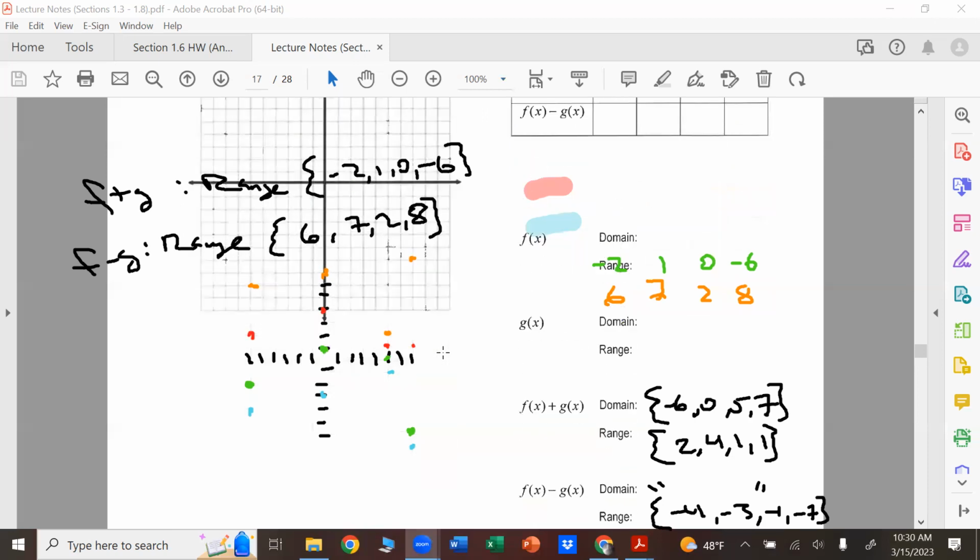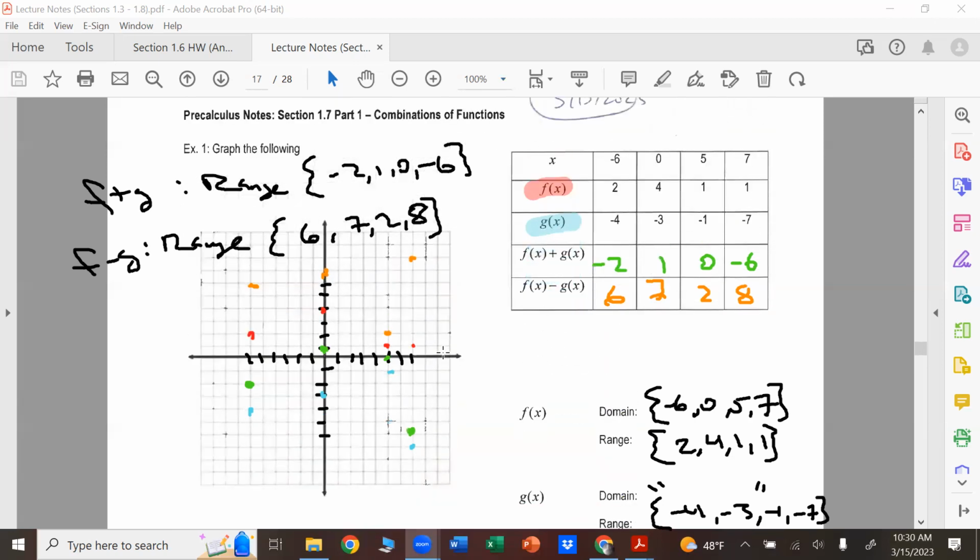Pretty straightforward. Go ahead. Are those brackets or parentheses? They're actually neither. They're braces like this. On the keyboard, if you hit shift bracket, it looks like this. It looks like that.